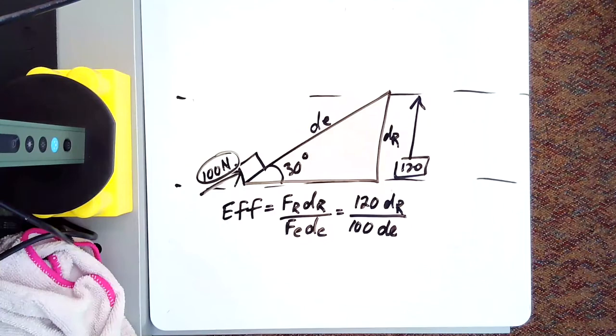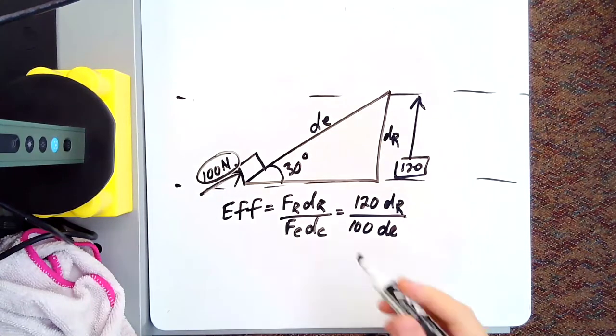Did that make sense? Did you hear what I was saying? I don't know dR and I don't know dE. But I know the relationship between those two sides because I have an angle. Trig functions are relationships between two sides of a triangle. That's what they are: sine, cosine, tangent. If you wrote those all out, you're taking one side divided by another side of the triangle. All three trig functions are a side of a triangle divided by another side of the triangle.